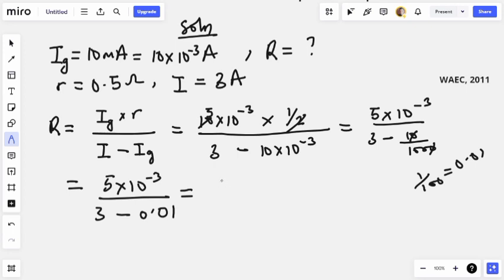So 3 minus that, this is 5 times 10 raised to the power minus 3 divided by 2.99.